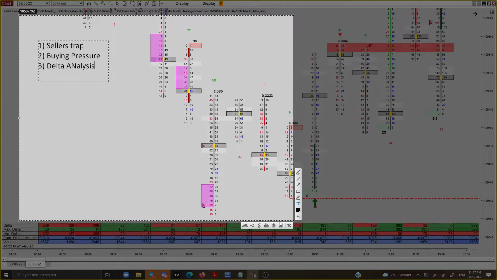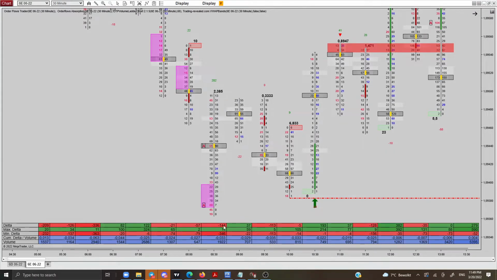So now we are discussing the setup. EURUSD on that day, what we wanted to see was a seller's trap, buyers joining, and strong delta.